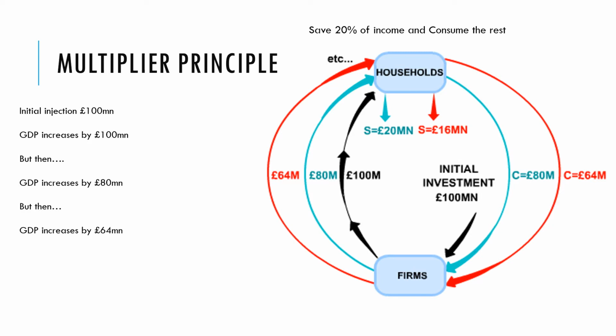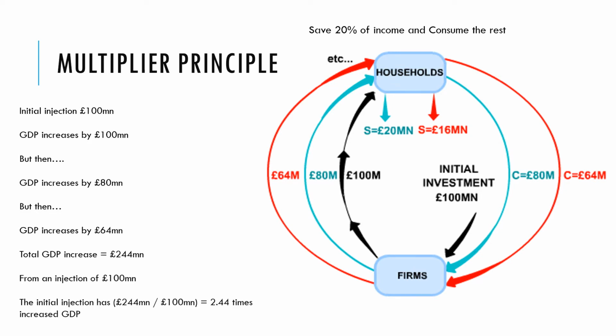So this initial injection of £100 million has actually led to a total GDP increase, assuming the money flows round twice, of £244 million. So from an injection of £100 million, we have an increase in GDP that is now 2.4 times bigger than the initial injection. And we call this the multiplier effect.